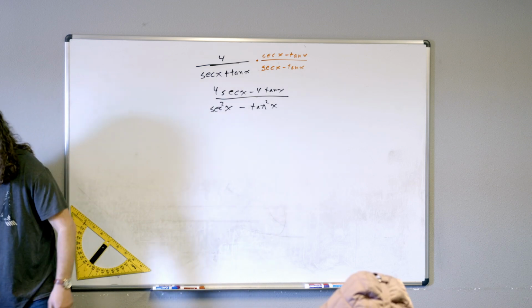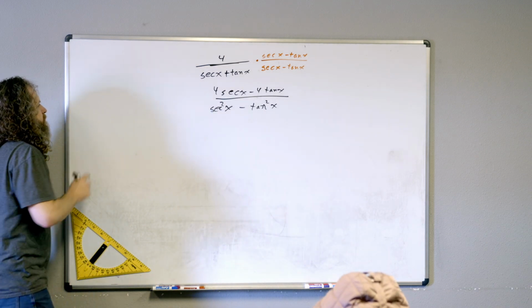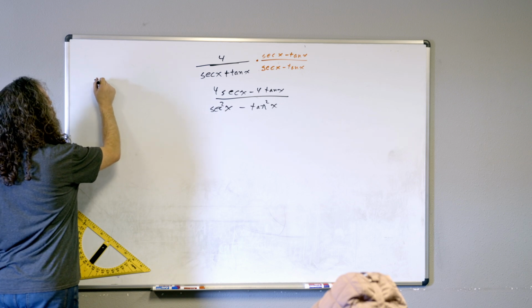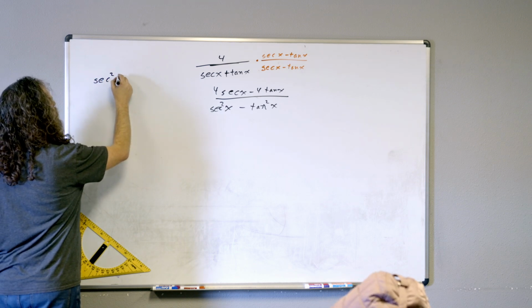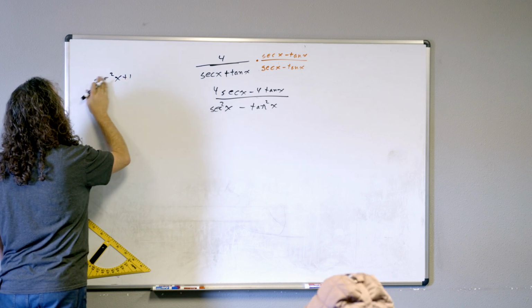So what is the useful identity for us? Tangent squared plus 1 is secant squared.